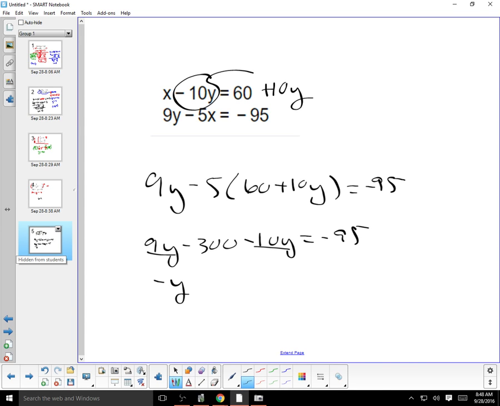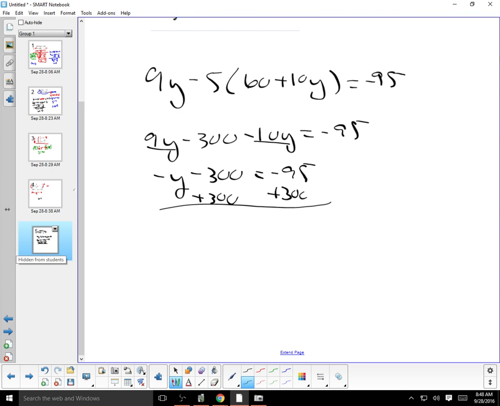Negative y minus 300 is negative 95. Add 300. 205. So y is negative 205.